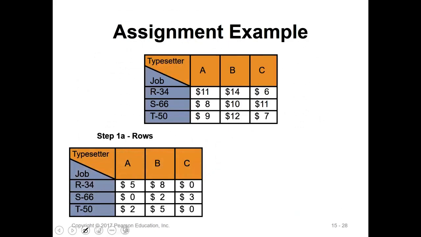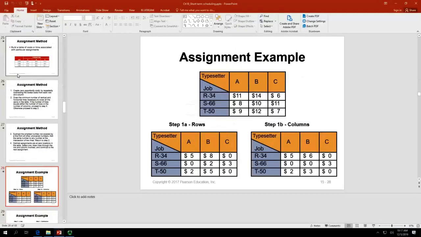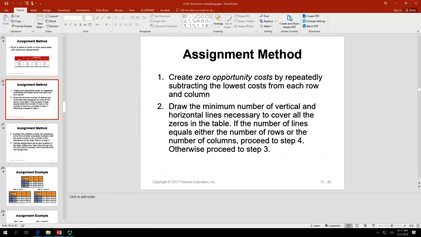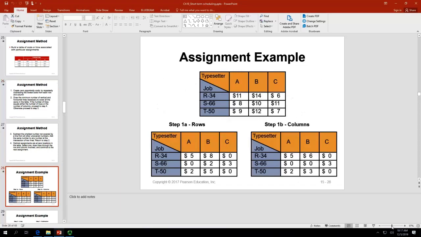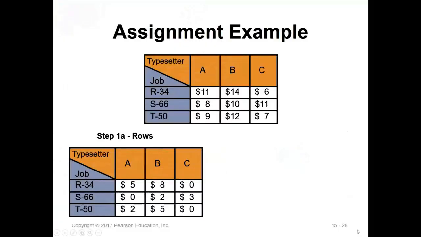Okay, so the example. Create 0 opportunity cost by repeatedly subtracting the lowest cost from each row and column. From here, this is the first step.